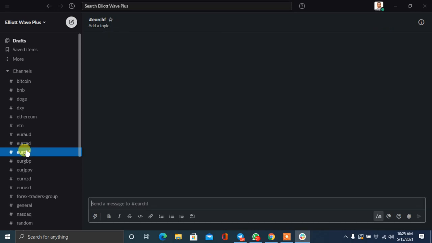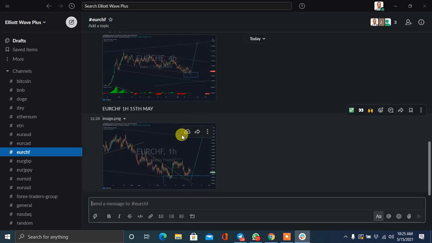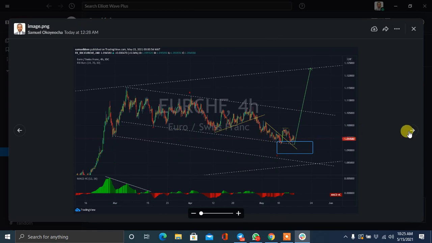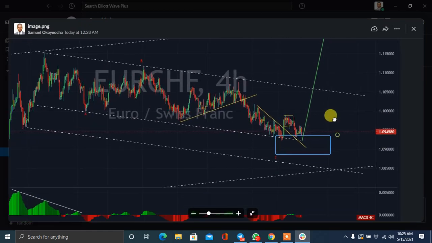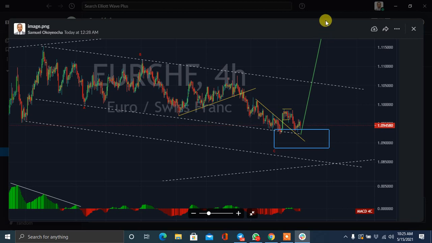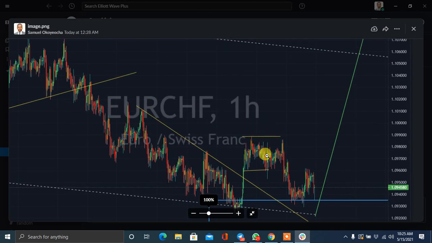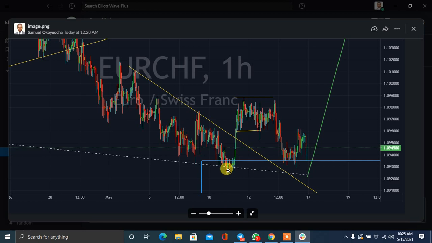Euro CHF. In Euro CHF, you can see that already we have gotten to the blue box. Let me go to 1 hour. You can see we have gotten to the blue box 2 times.